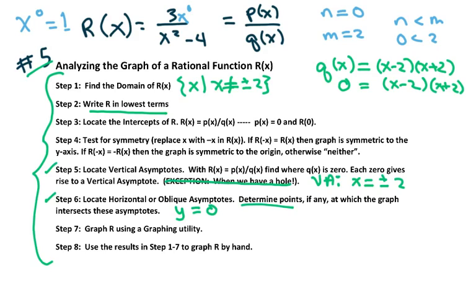So let's find some more information. We'll find the x-intercepts. To find the x-intercepts, we set the numerator to 0. Our numerator is 3, so we have 0 equals 3, which doesn't make sense. So there's no x-intercept.